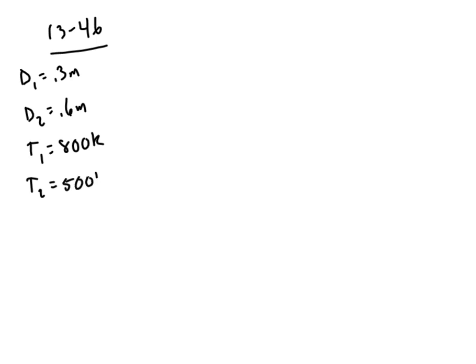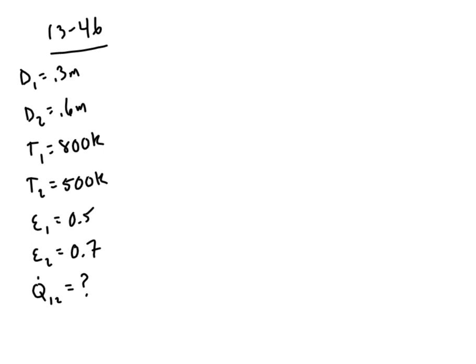They have emissivities, emissivity 1 of 0.5 and surface 2 has an emissivity of 0.7. And it says determine the net rate of radiation heat transfer between the two spheres. So that's Q dot from 1 to 2 is going to be our question.